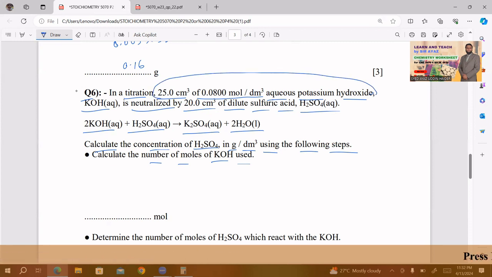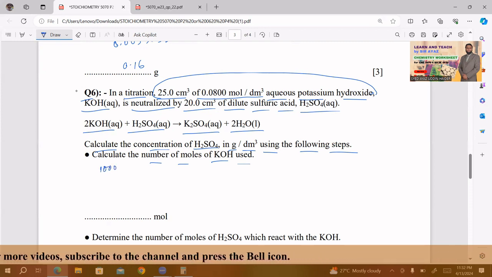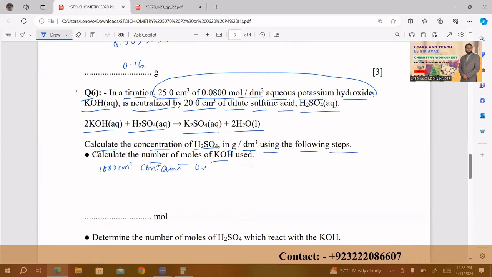As you all know, 1 dm³ means 1000 cm³. So I will write 1000 cm³ contains 0.08 moles of KOH. Therefore, 25 cm³ contains X moles.